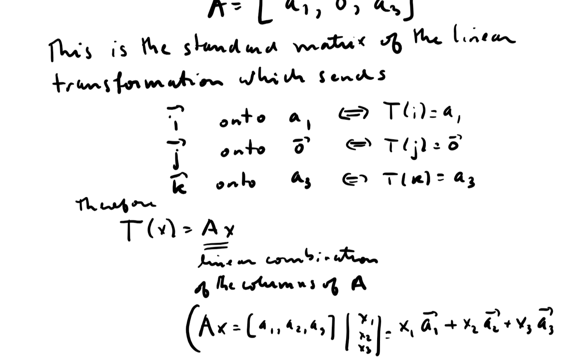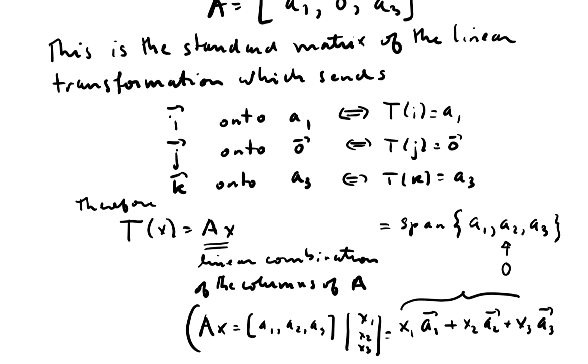So what we see here is that our matrix vector product is just going to give us the span of the columns of the matrix. But this vector here is 0.